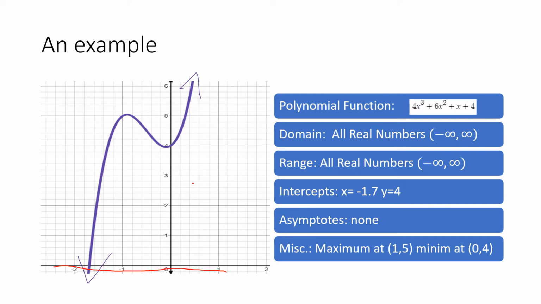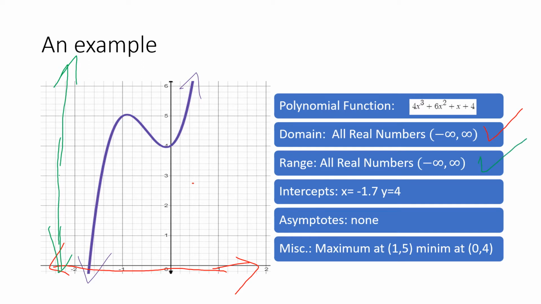If I were to put this in Desmos, which I will, you will see how it keeps going and never stops. That's the reason why it goes from the smallest numbers all the way to the positive numbers, so negative infinity to positive infinity. That's the domain. The range talks about all the y-axis, and the same thing happens. As I keep going with the graph, it keeps going and going. So that's just that.